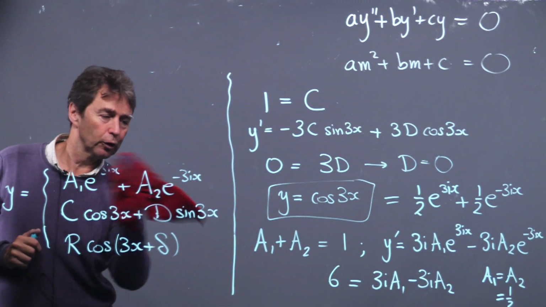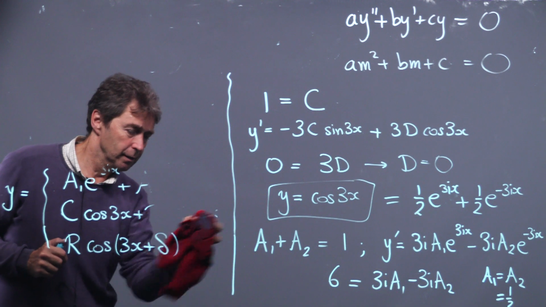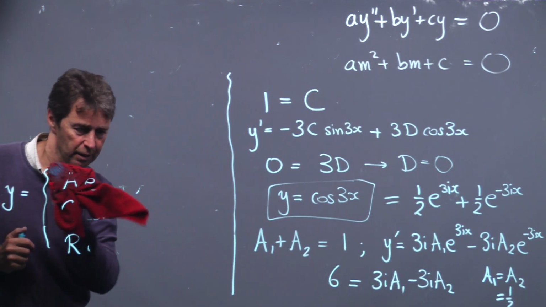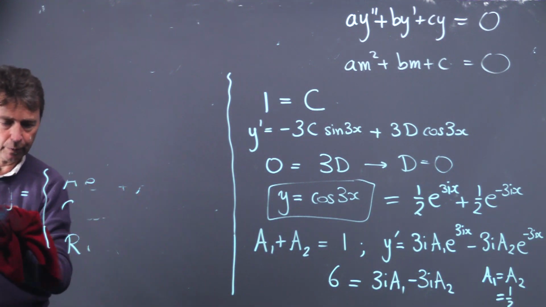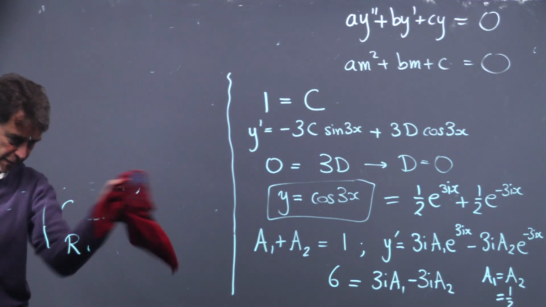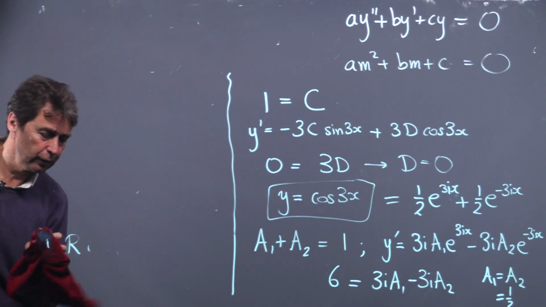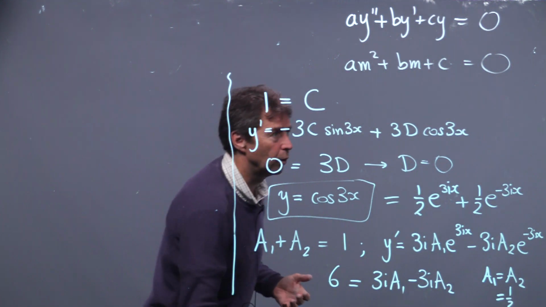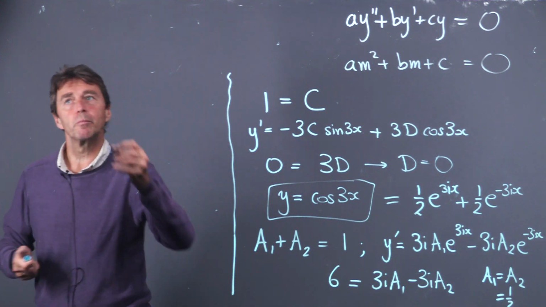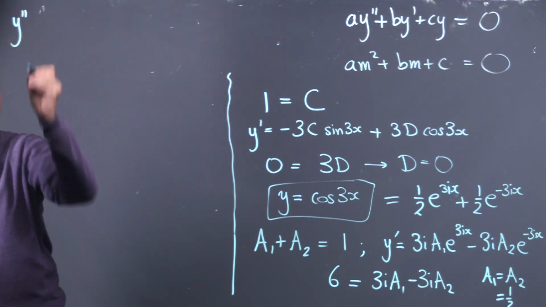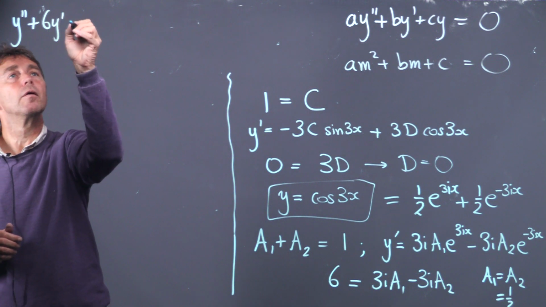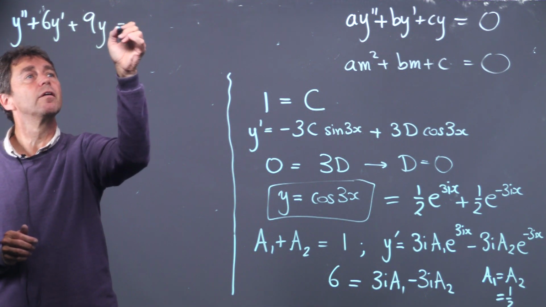Let's just do another quick example. The auxiliary equation in this case was relatively straightforward. Let's just do another quick example where the auxiliary equation is slightly more complicated. So y double prime plus 6y prime plus 9y is 0.